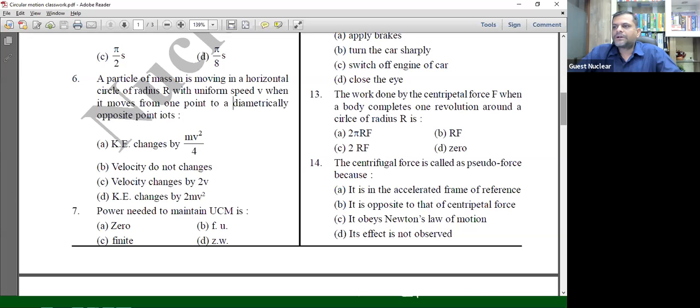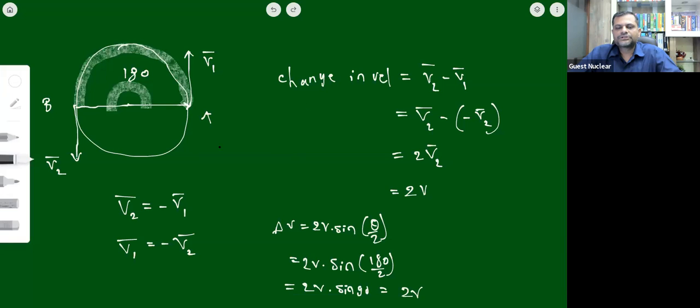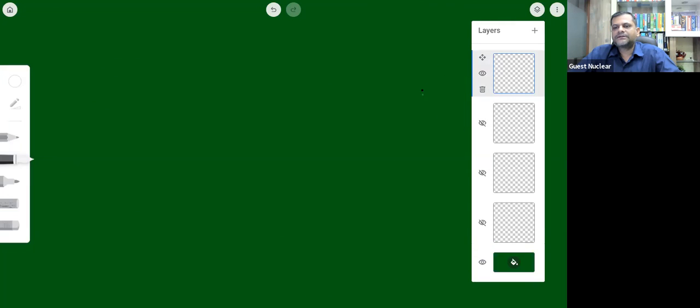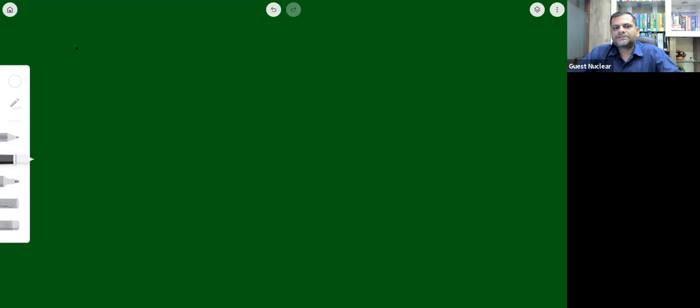Okay, what is the power needed in uniform circular motion? 0. Remember, because in uniform circular motion, no work is done. Why? Because the work done is defined as force into displacement. Actually, it should be the dot product of force and displacement, right?